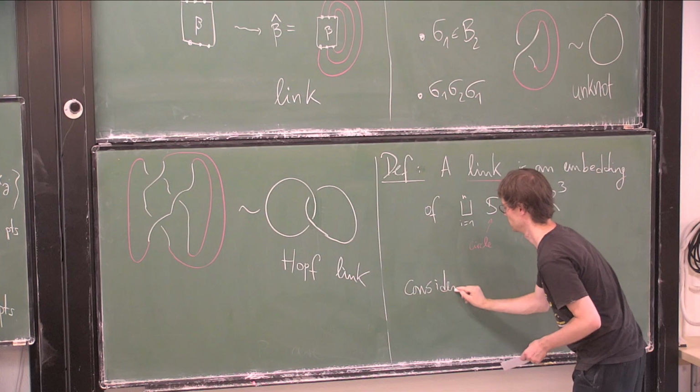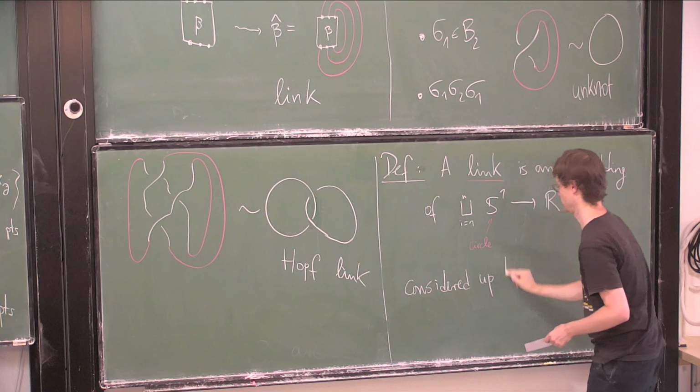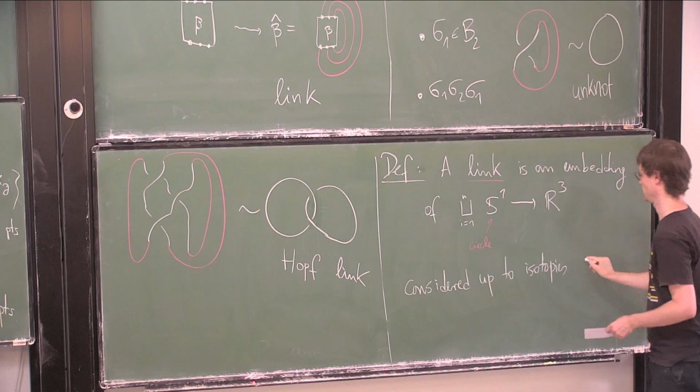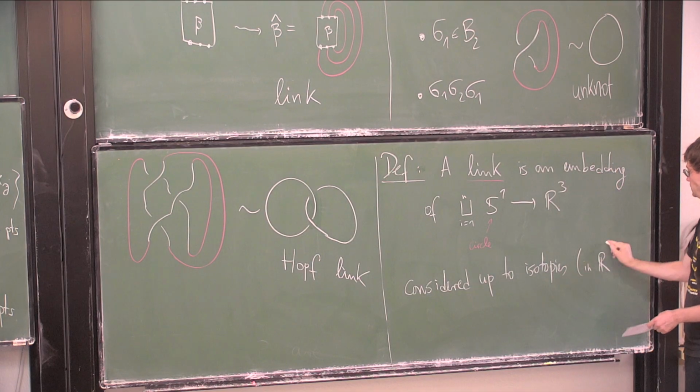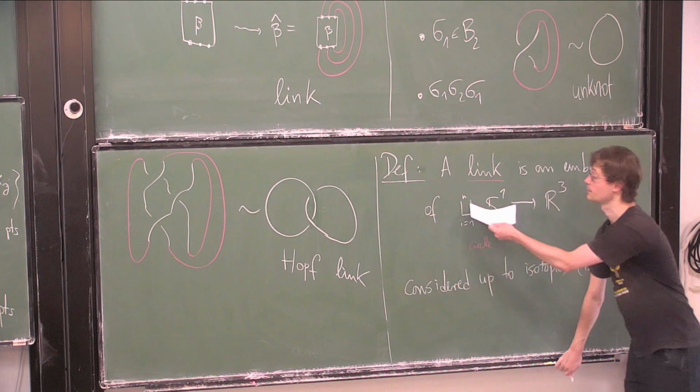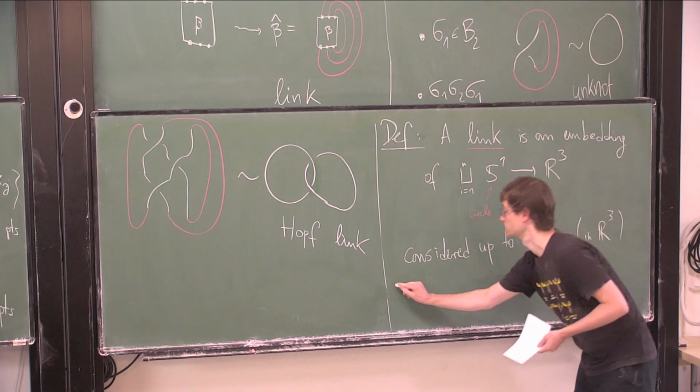Consider up to isotopies in R3. And if n equals 1, if you just have one connected component, then we call it a knot.